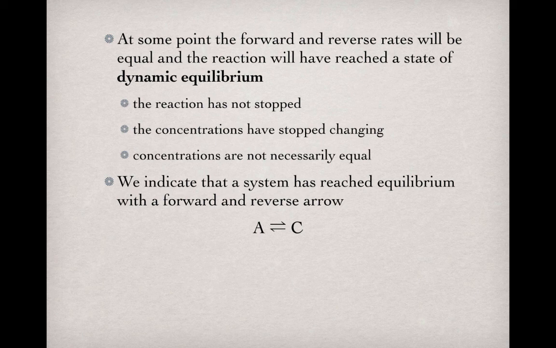The equilibrium refers to the reaction rates, which are equal in both the forward and the reverse direction. So when we write that a system is in an equilibrium state, we indicate that with a forward and reverse arrow, as we see here with A and C.